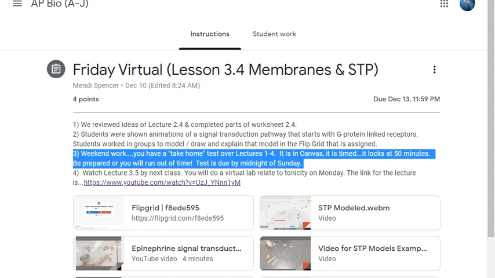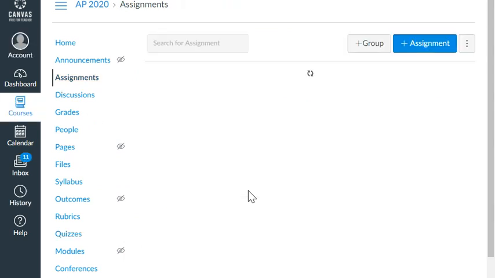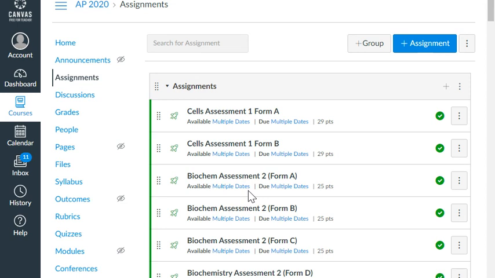So I'm going to issue an at-home test to be taken over the weekend. It is in Canvas. If you click on assignments where you normally go, you're going to see you have been assigned Form B. It really is the only one you should be able to see, because I didn't assign you Form A. It's timed, 50 minutes.